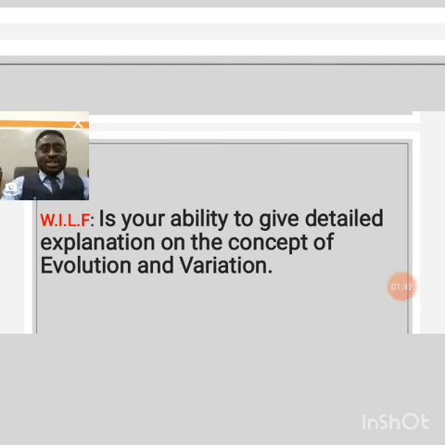Variation is gotten from the root word vary, which means the difference that exists between two or more species in a given habitat, or even among the same species within a given habitat, be it terrestrial or land habitat, aquatic or water habitat, or arboreal habitat, and other sub-habitats or niches we have in the environment. We simply call them environmental niches, a smaller version of a bigger habitat.